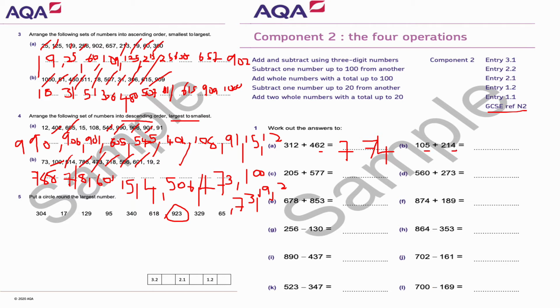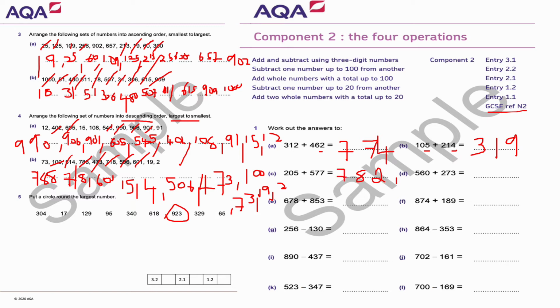Well, the units column, 5 add 4 is 9, 0 add 1 is 1, and 1 add 2 is 3. Next one, 5 add 7 is 12, so it's 2, carry that 1, so I'll put the 1 there. 0 add 7 is 7, add the 1 is 8. And then 2 add 5 is 7.